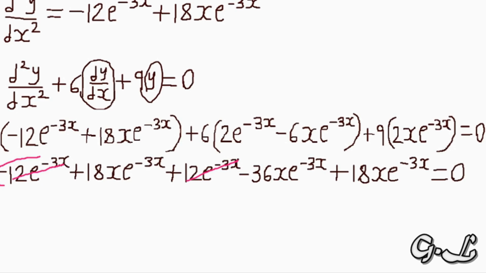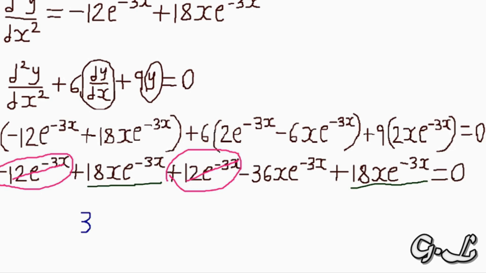And then what about 18x e to the negative 3x and 18x e to the negative 3x? What we can simply do is add those, and it will give us 36x e to the negative 3x.